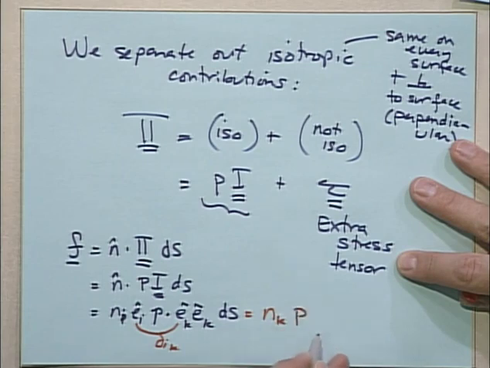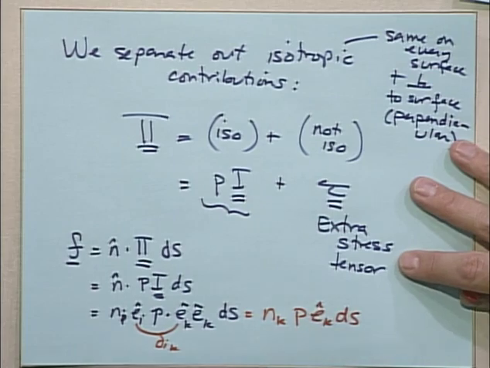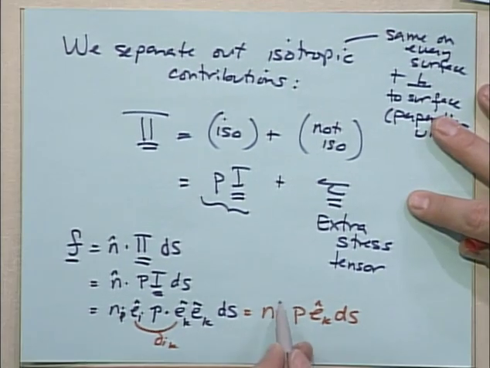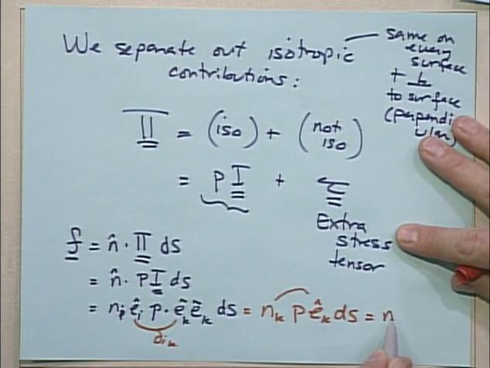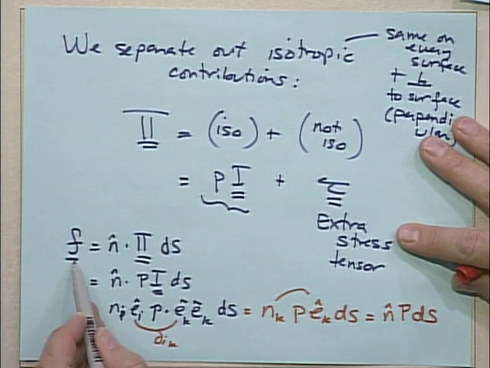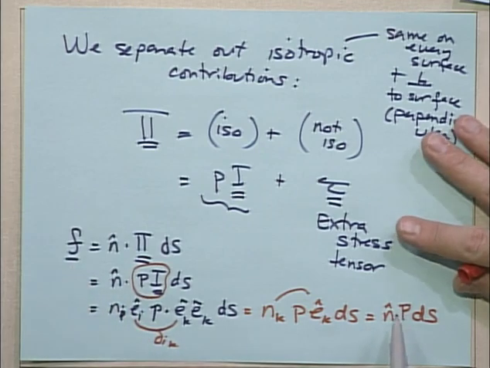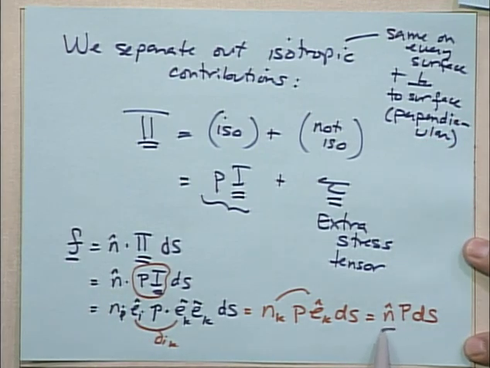There's a p, and there's an e_k, and there's a dS. Now going back to Gibbs notation, n_k e_k is just n. So I get p n dS. So the force on any surface, if the only contribution is this pi, is normal to the surface and has a magnitude of p.